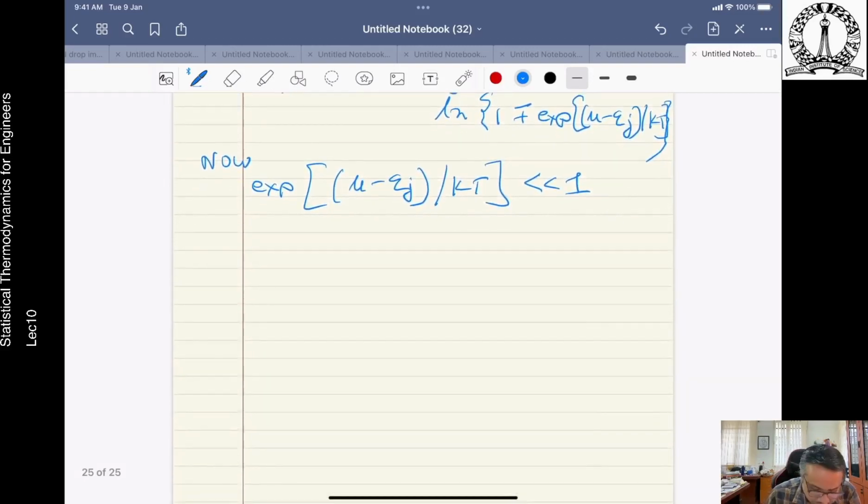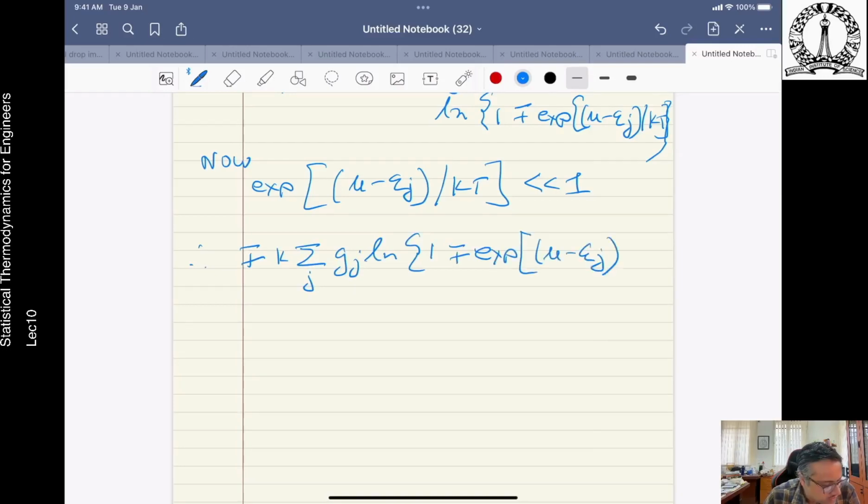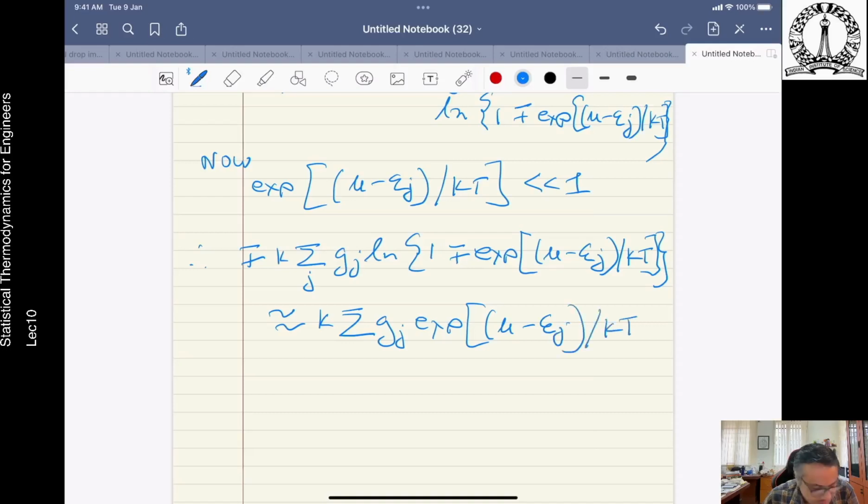Okay, so therefore, if that is the case, minus plus k summation j gj ln 1 minus plus exponential mu minus ej by kt, okay, is almost equal to k summation gj exponential mu minus ej by kt.